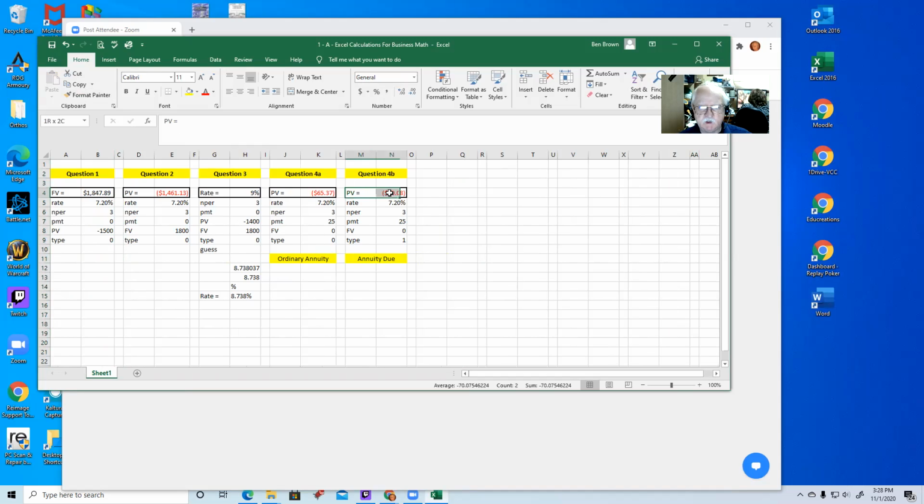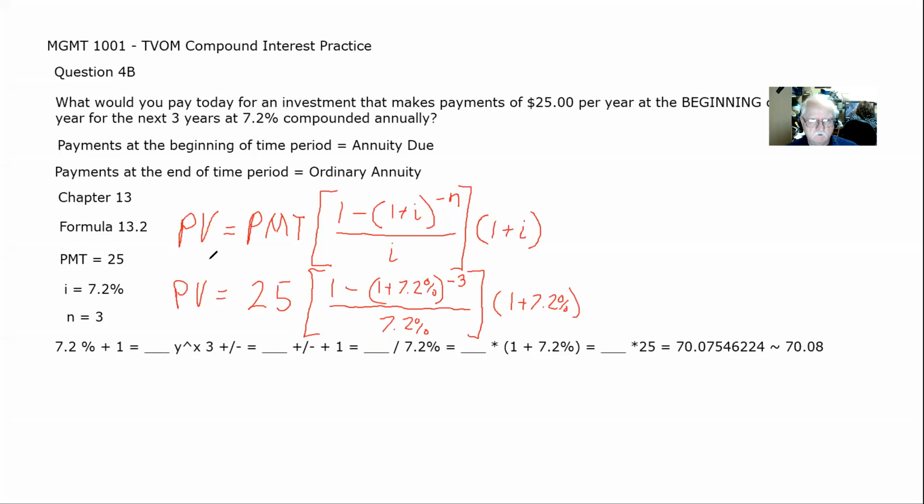So let's take this back and compare it. Control V, and we get exactly the same answer. Although the cash flow concept says the present value is negative because that's how much we have to put into the investment in order to get $25 per year out of this investment.